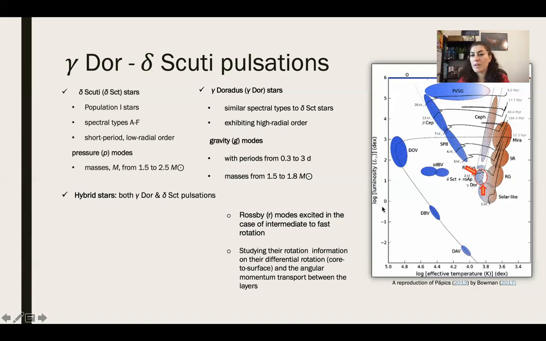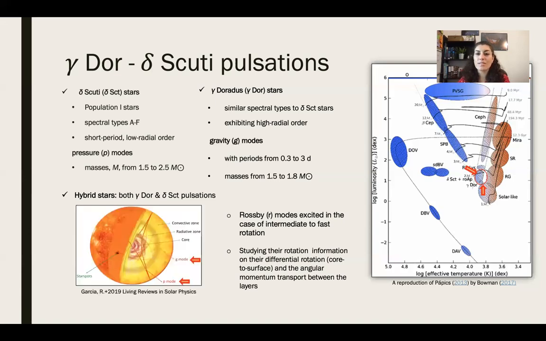Because of the overlap in these regions between Gamma Dor and delta Scuti pulsators, studies show that most of the delta Scuti pulsators also show low frequency, low amplitude g modes, and it is the case for many of the Gamma Dor stars that have both the g modes and the p modes excited.